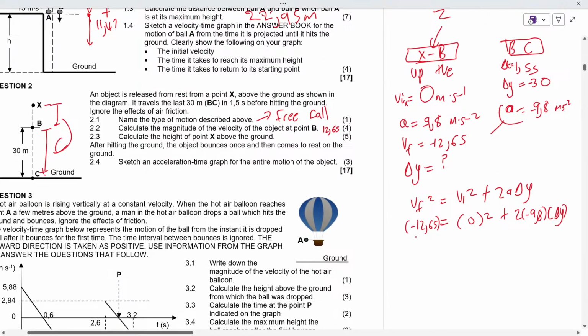And then we just solve this. The negative 12.65 is squared. Thank you very much, I would have missed that.